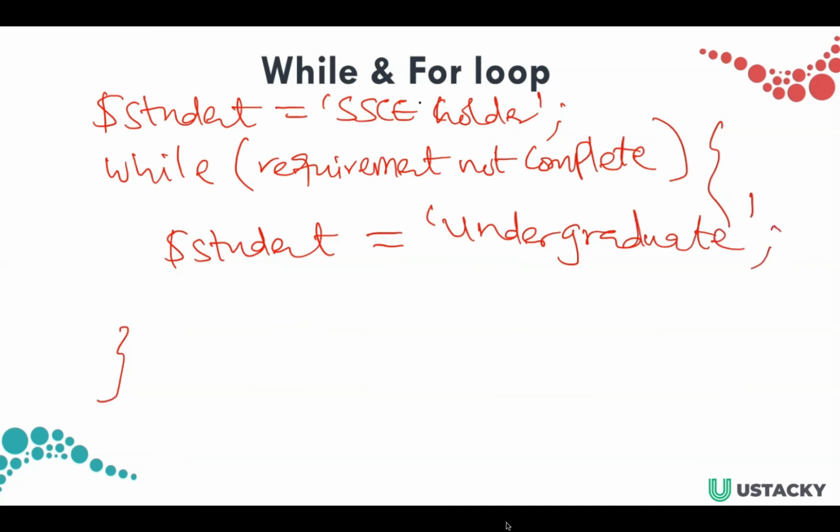So this while loop can run in maybe like 4 years, 5 years, 6 years, or 7 years. But when the requirements are being met, this condition will be false. In that case, the student becomes a graduate.